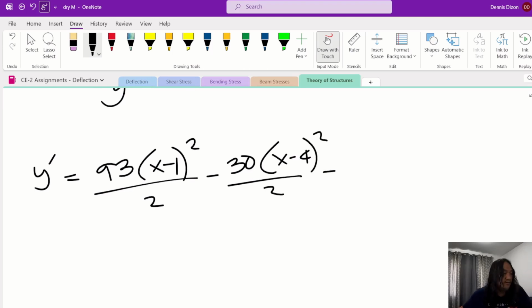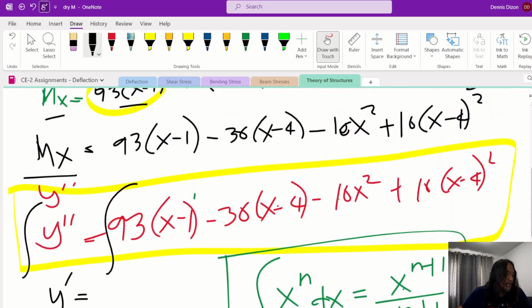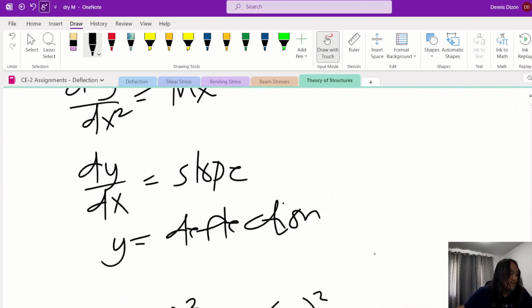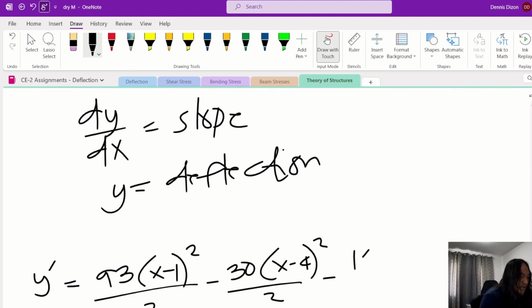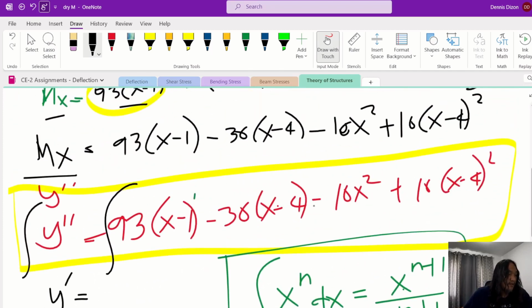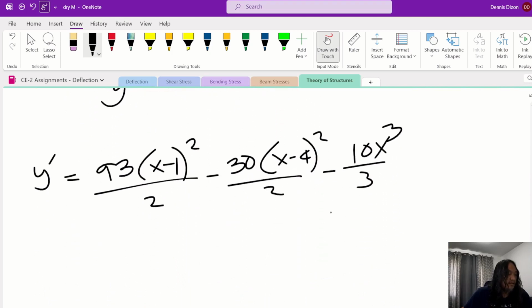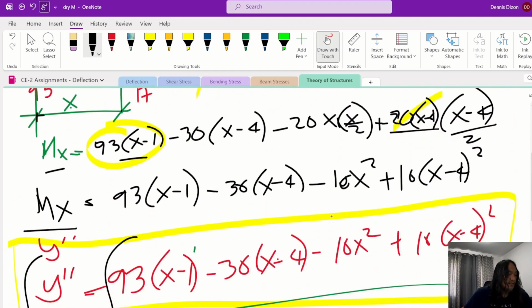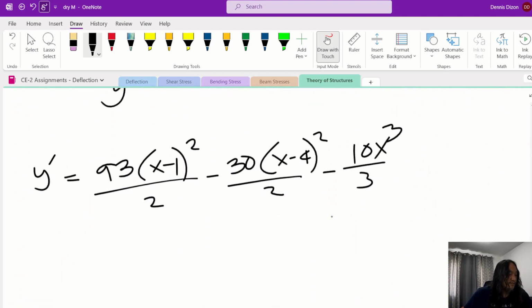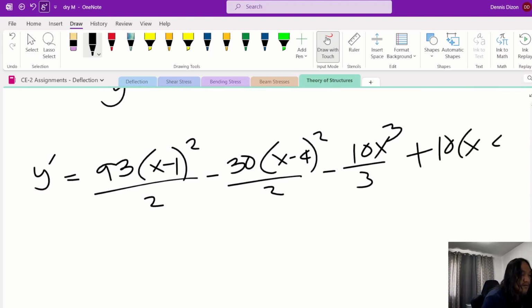And then minus 10x squared would become minus 10x cubed over 3. And then the last term, 10 times x minus 4 squared, is it plus? Yeah, plus 10 times x minus 4, now cubed over 3.